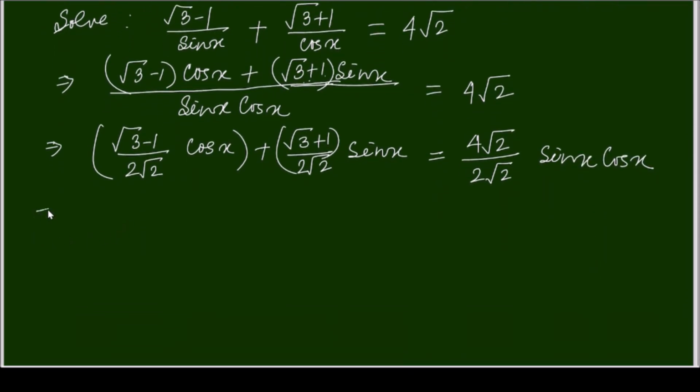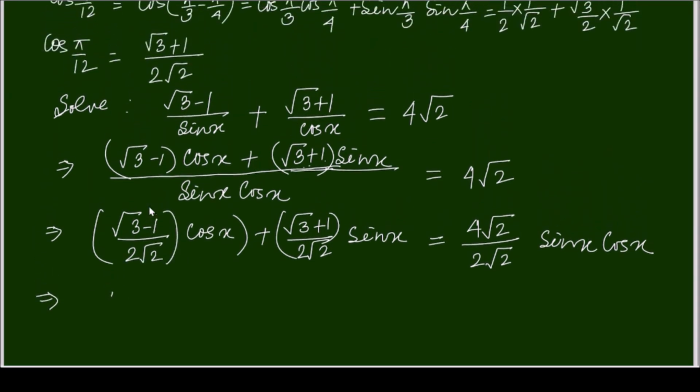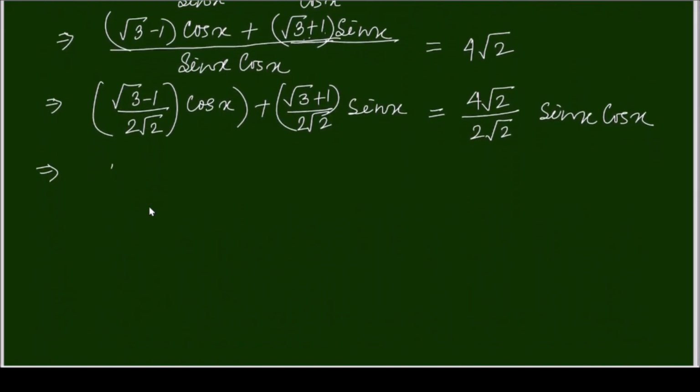So now I can write this as sin pi by 12 cos x plus cos pi by 12 sin x equals, and what happened to the right side?